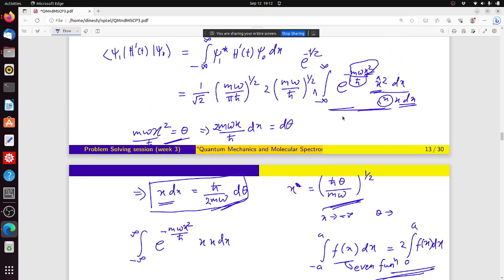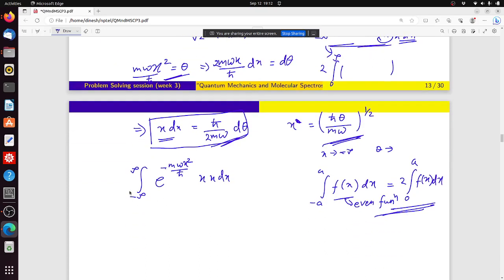So here also I have an even function. If I put minus x instead of x, I will get the same function, so it's an even function. So I can write this integration as 2 times 0 to infinity.